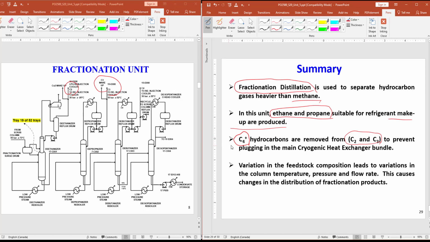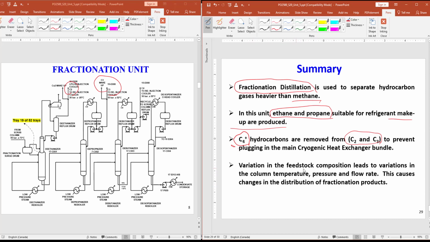If these refrigerants carry some heavier hydrocarbons with them, these heavier hydrocarbons can freeze in the main cryogenic heat exchanger and increase the pressure drop, which causes operational issues.